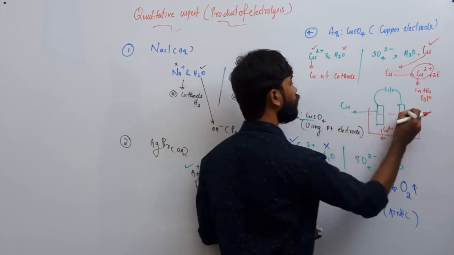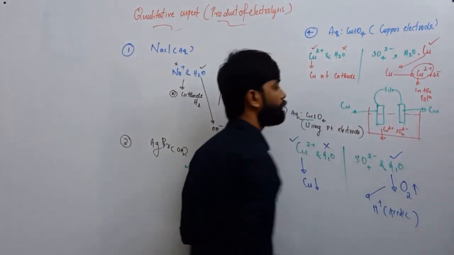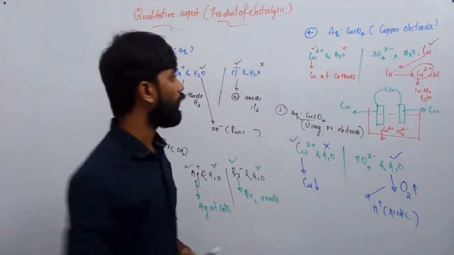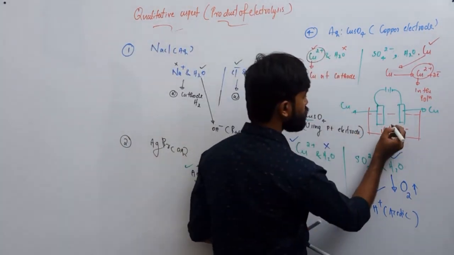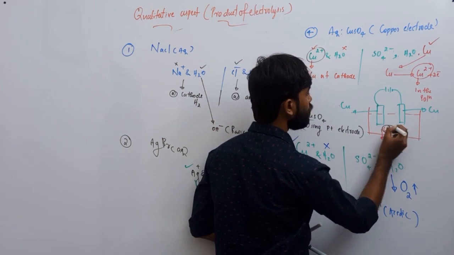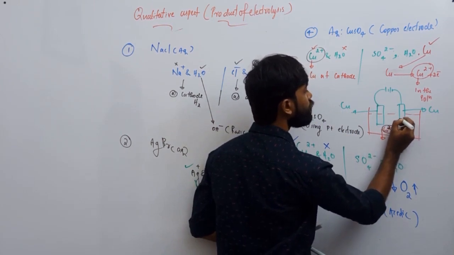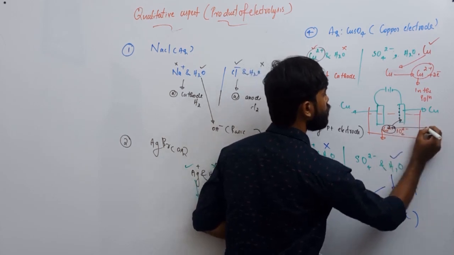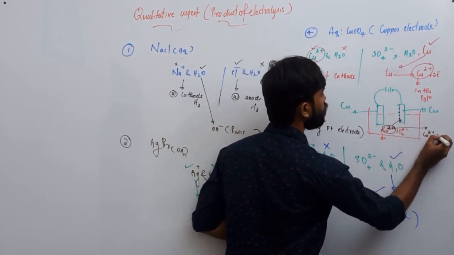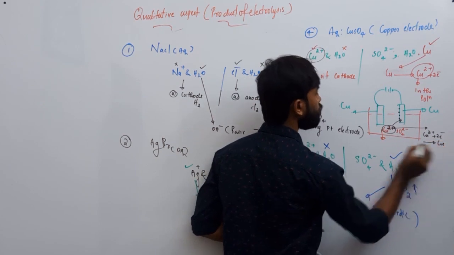This is a copper anode and this is a copper cathode. So actually the reaction is Cu2 plus gets reduced, which means Cu2 plus from the solution gets reduced at the cathode copper as Cu2 plus plus 2 electrons gives Cu.